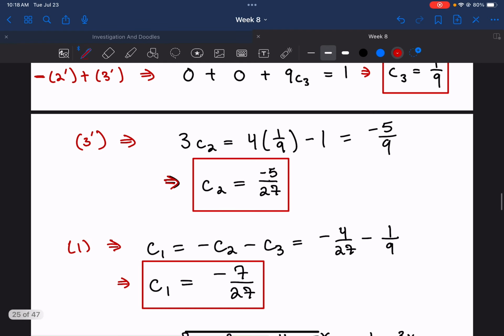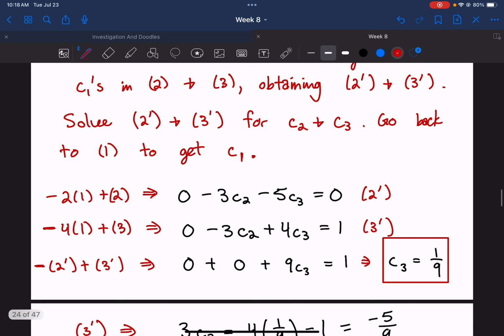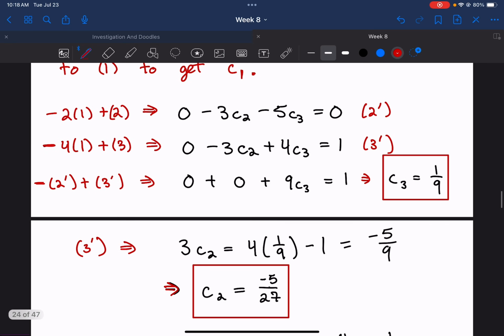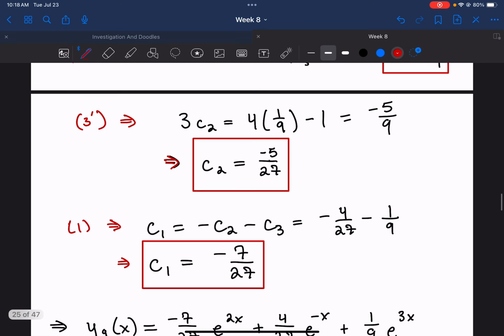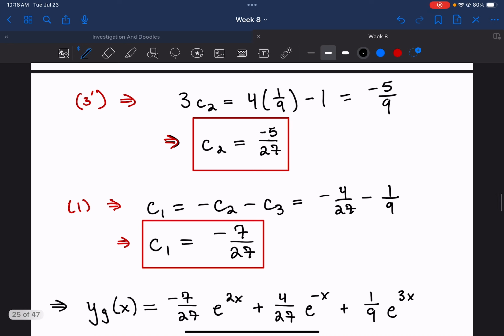Okay. Now we go to the original equation 1. Yep. Okay, back to equation 1. Minus c2, so this should be plus 5 over 27 minus 1/9, which is multiplied by 3.